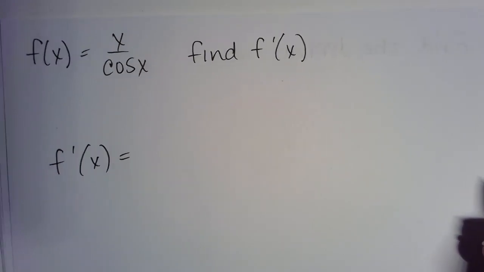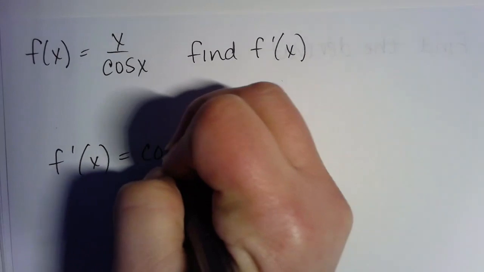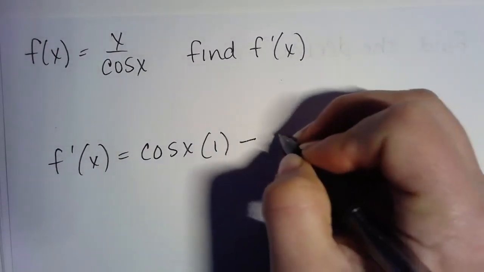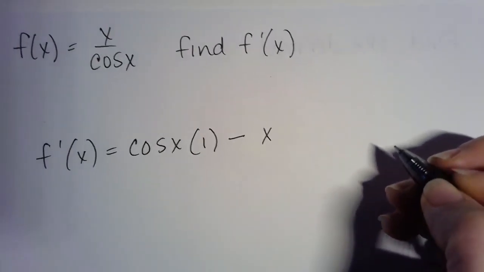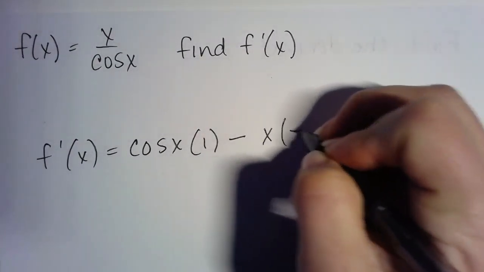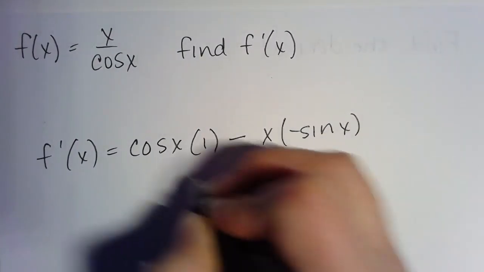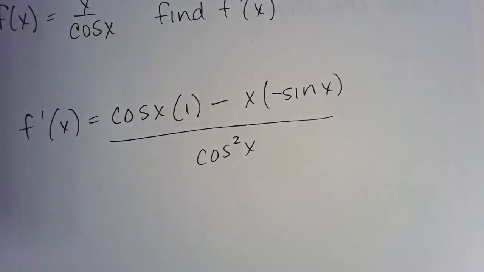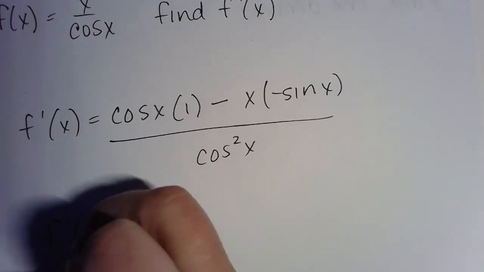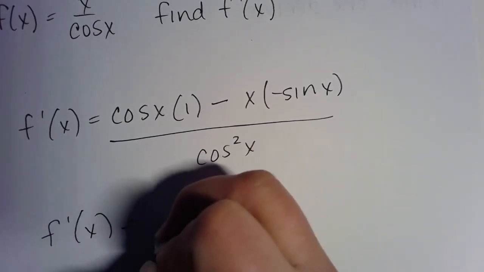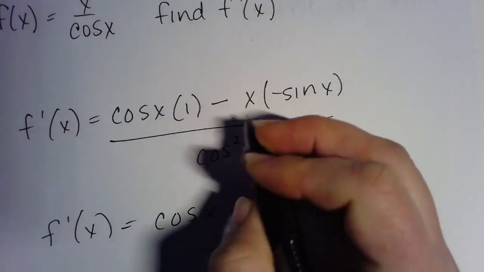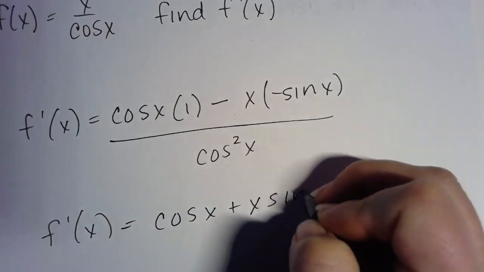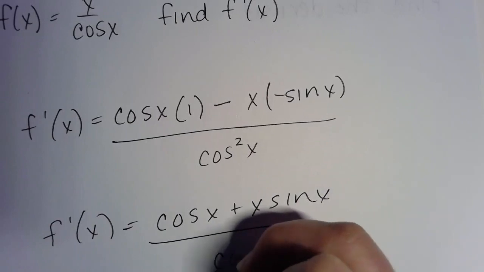So the quotient rule goes the bottom, which is cosine of x, times the derivative of the top, which is 1, minus then x, times the derivative of cosine, which is negative sine of x, all over cosine squared of x. And so my f prime of x, just to clean it up a little bit, is cosine of x, and then this will be plus x sine of x over cosine squared of x.